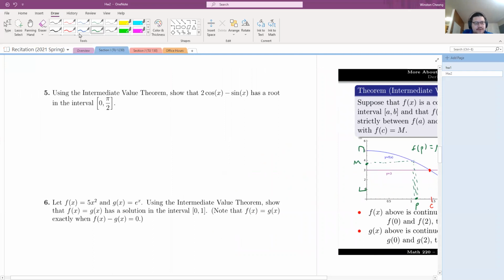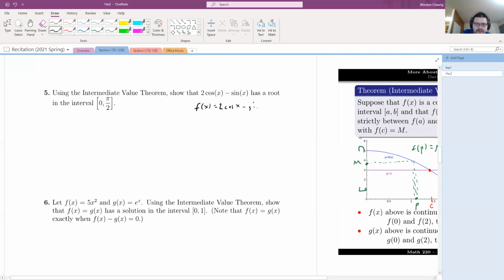Okay, now let's go ahead and try to use this. So we've got this function, and we want to show it has a root. Now, a root is just a place where the function equals 0. So I'm going to rephrase this by saying let f of x, we're going to call this expression the function f of x.